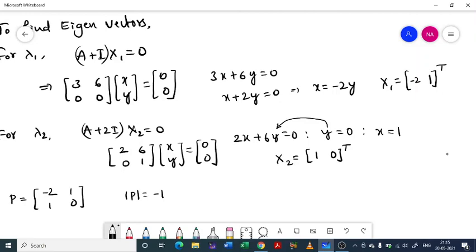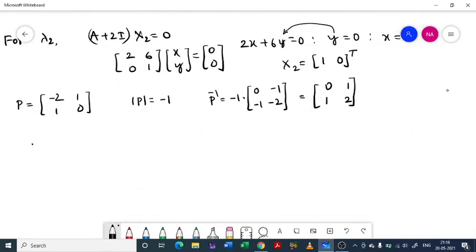So we got P inverse to be minus 1 times [0 -1; -1 -2]. You have to interchange the diagonal entries and change the sign of the non-diagonal entries, but there is one more minus sign. So P inverse will be [0 1; 1 2], right? Yes.